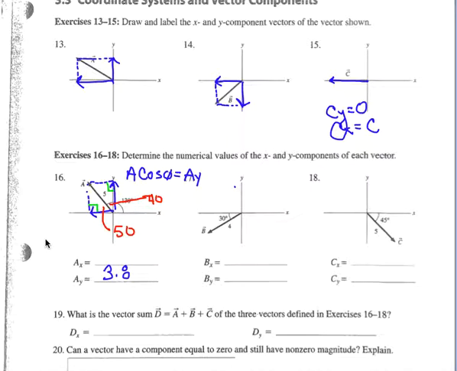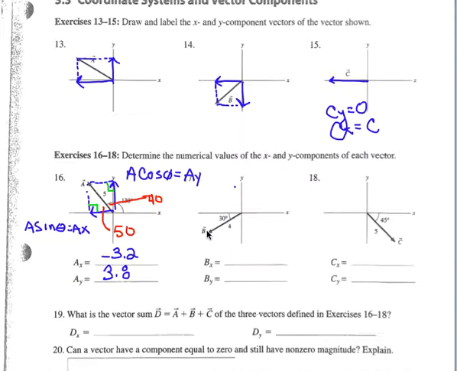And for the x component of A, we use our sine of angle theta to find the x component of A, which is negative in this case, 3.2, because we have a negative x component.